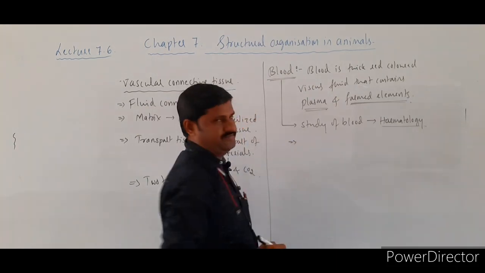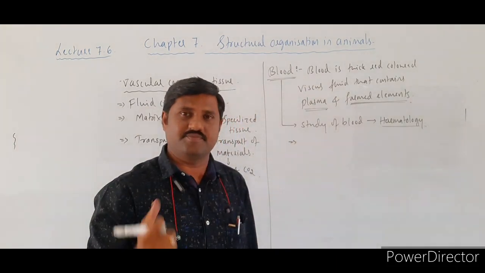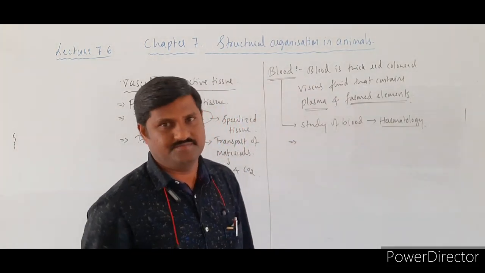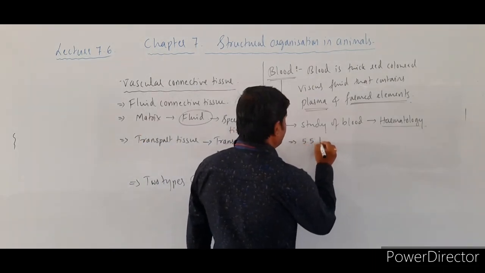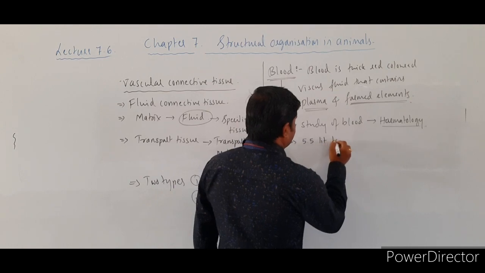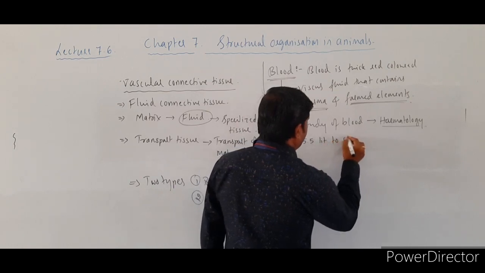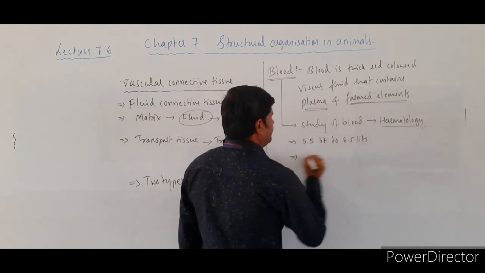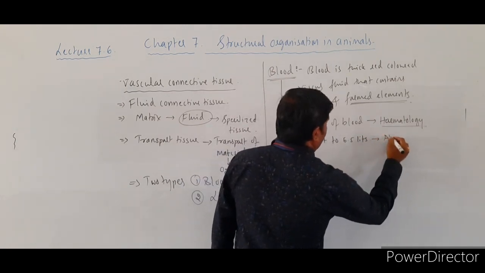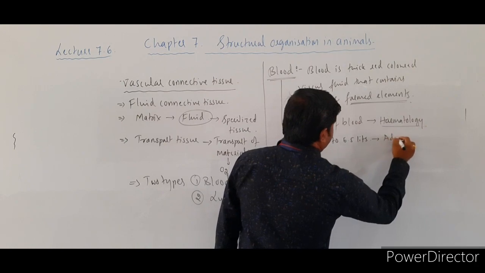And the next one, how much blood is present in one adult person, right? It is about 5.5 liters to 6.5 liters of blood that is usually present in one adult person.